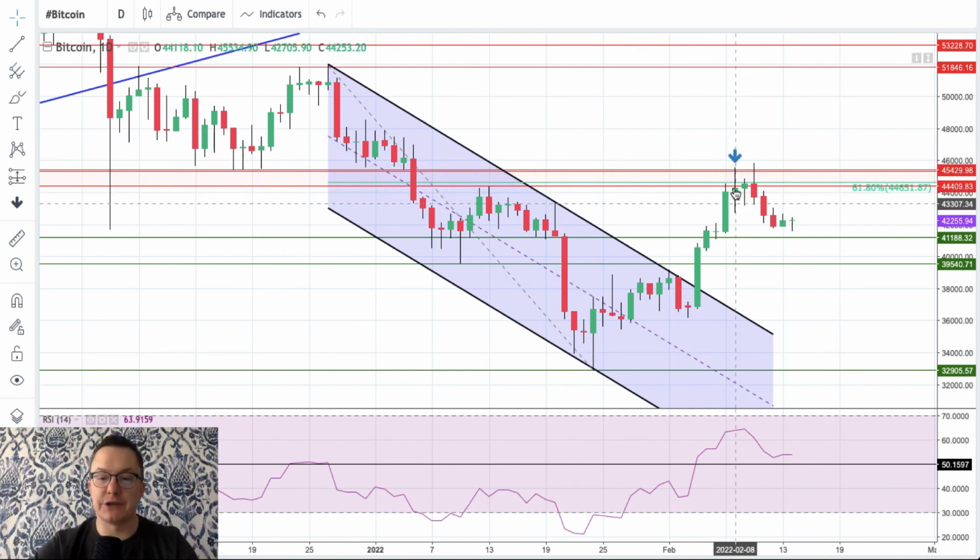So we got a clear rejection here, we got the inside bar here, and the clear confirmation of the rejection here. So again, 61% of the Fibonacci retracement on Bitcoin, 44,651, is the level that makes the bulls really poor market runners, because they tried to rally but they failed. Despite the fact that the local high was made at 45,811, the breakout wasn't sustained.